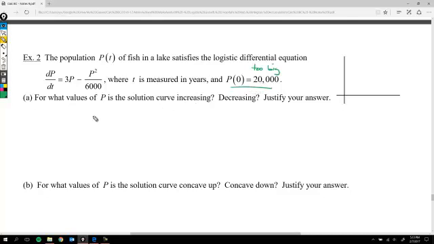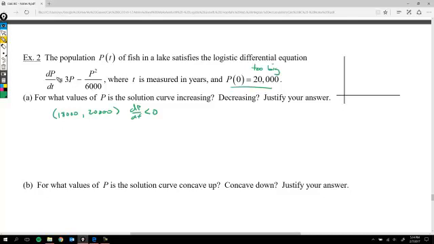So, given that, I know some things. I know that from 18,000 to 20,000, I'm negative. I'm decreasing. I know this because, like I said, I'm over my limit. I'm over my carrying capacity. If you plug some numbers in here, you'll get negative numbers between 18,000 and 20,000.